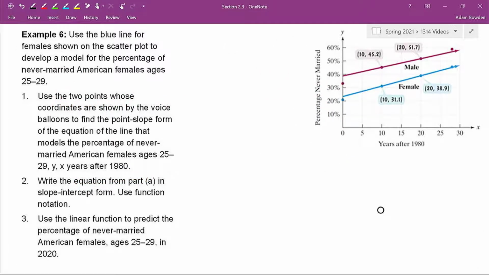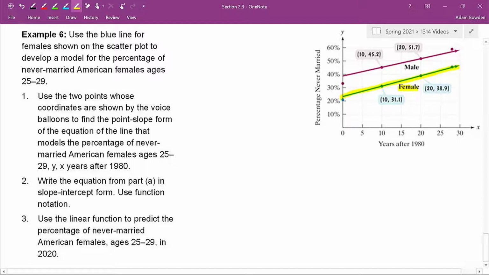Now in this situation, we're going to be looking at some actual data points, and approximating what happens when we draw a line through these data points to get an idea of the trend that goes along with them. It shows 2 different lines, one male, one female, for the percentage of never married American adults aged 25 to 29. So we're going to be using the blue line here for the female data set.